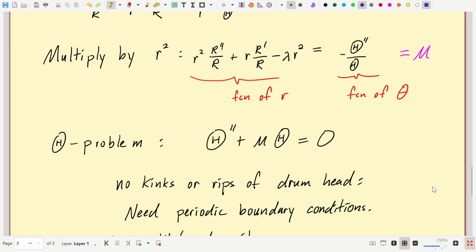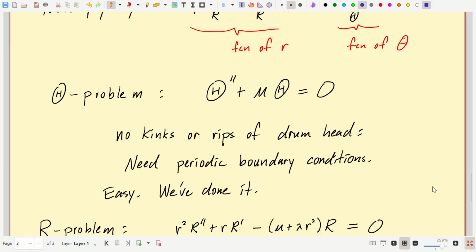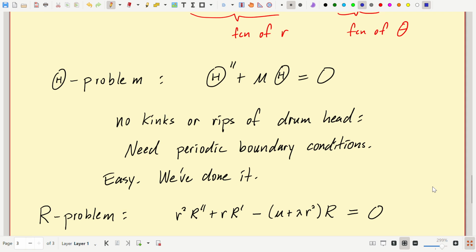And the theta problem then is someone we're familiar with. Let's see. There's the theta problem I wrote last time. For there to be no kinks or rips in the drumhead, I would need theta of 0 to be equal to theta of 2 pi. That would be no rips.